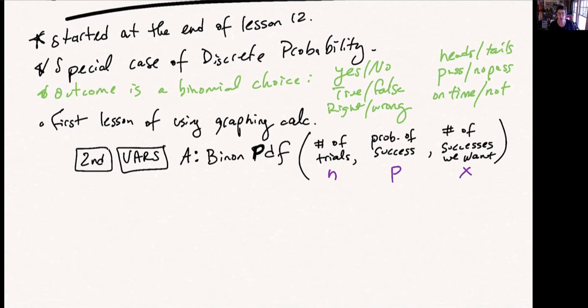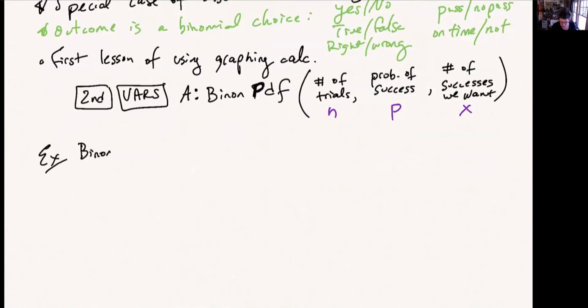Okay, so number of trials, remember, is, let's say I'm going to flip a coin 6 times, and I want to know the probability of getting so many successes. Let's let that be our first example. And for these, by the way, I should add that I will tell you if it's a binomial distribution. I'm not assuming that you'll be able to recognize it.